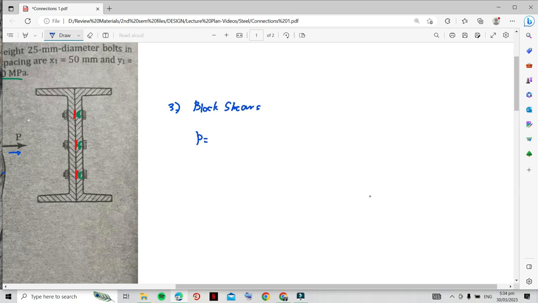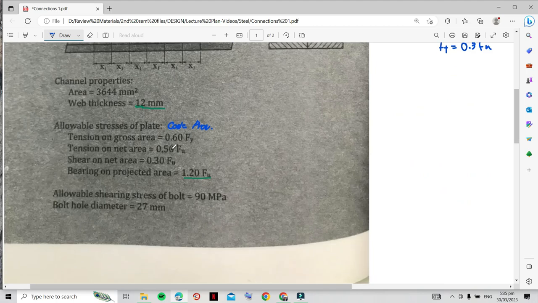So the force P will have the shearing stress times the area of the shearing, plus the stress in tension times the area of the tension. Okay, so Fs is 0.3 of Fu, and Ft is 0.5 Fu. Fu or Fy? Wait, let me check. Yes, Fu.